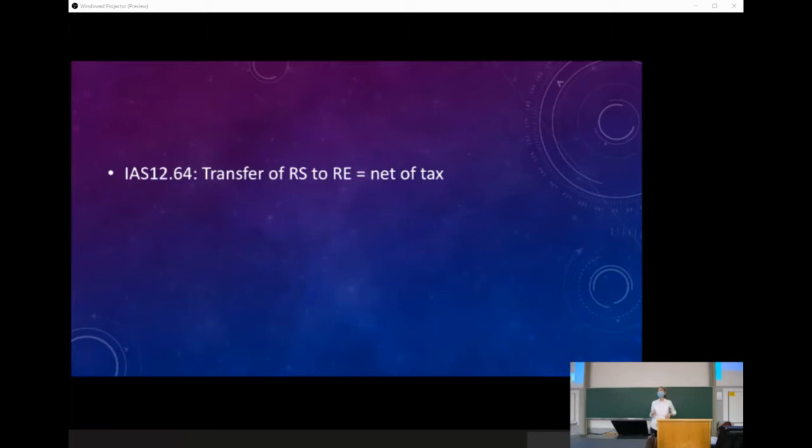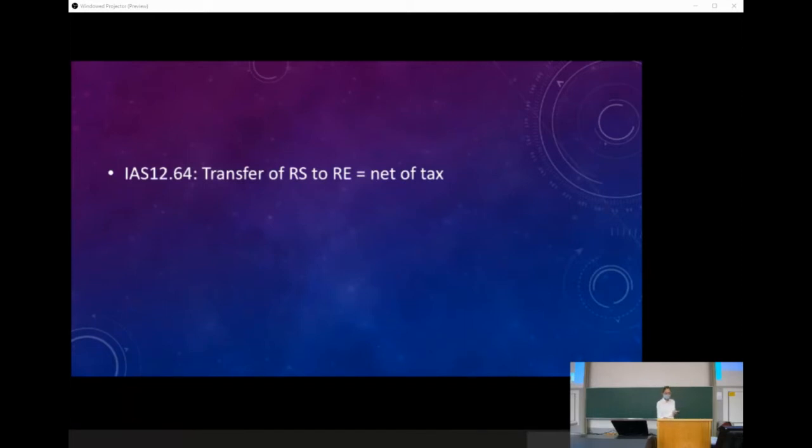Okay, and then when we sell that asset later on, obviously we have to transfer the revaluation surplus to retained earnings. What we have in revaluation surplus in equity will be the net amount, and that's the amount that's transferred. We don't show the tax on that again, because we've already accrued for the tax.